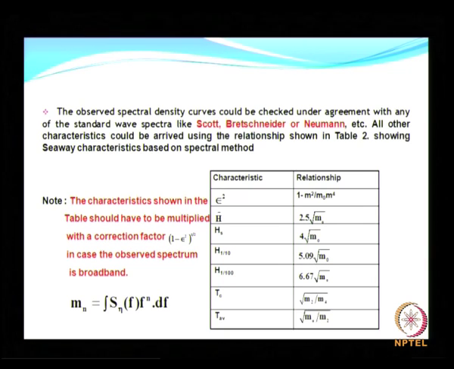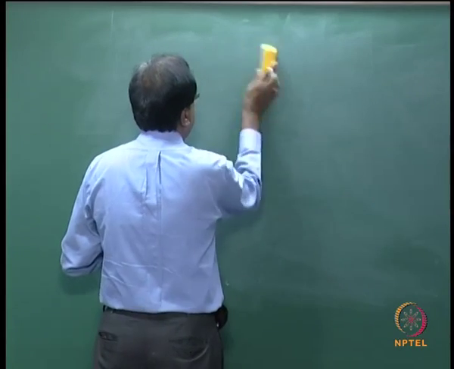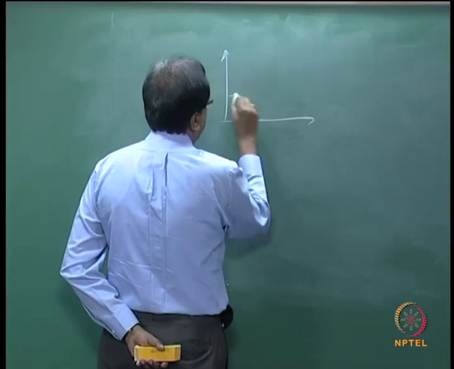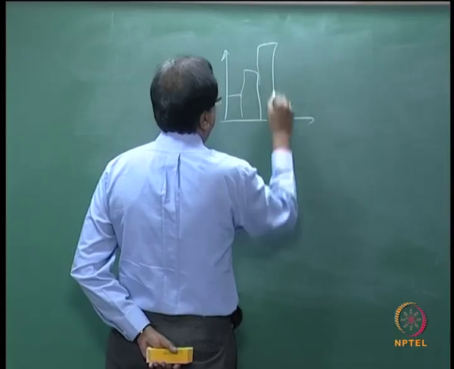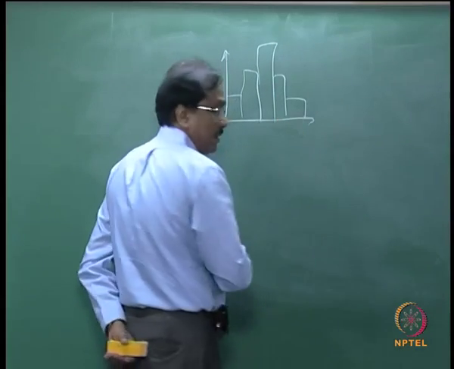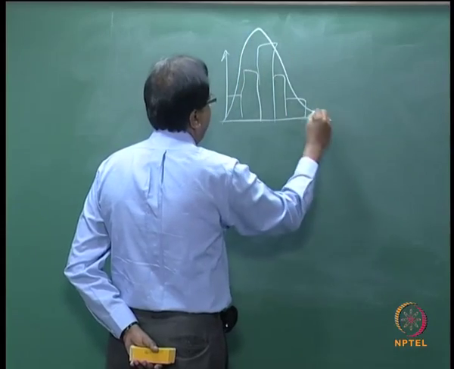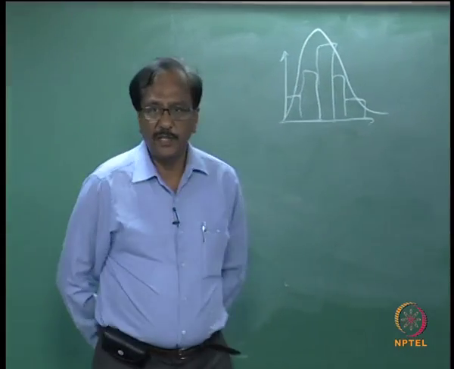As we have seen earlier, what we normally do in the statistical domain is observe the probability density function and then check whether it follows a standard distribution.